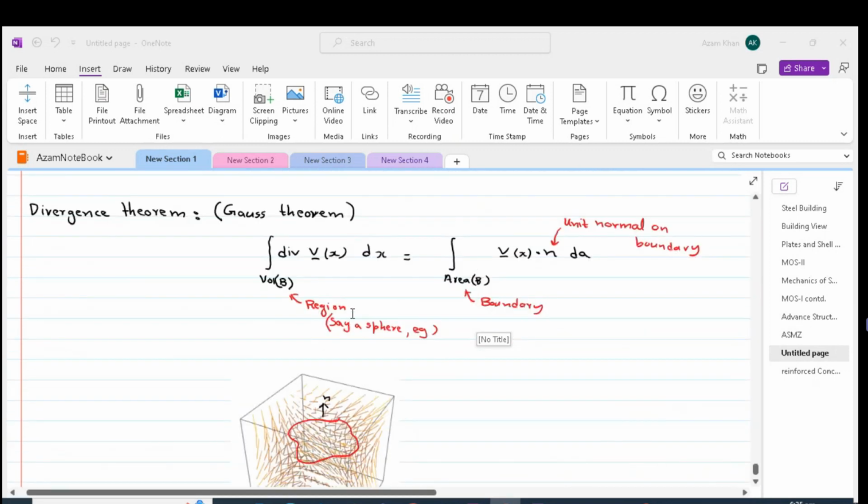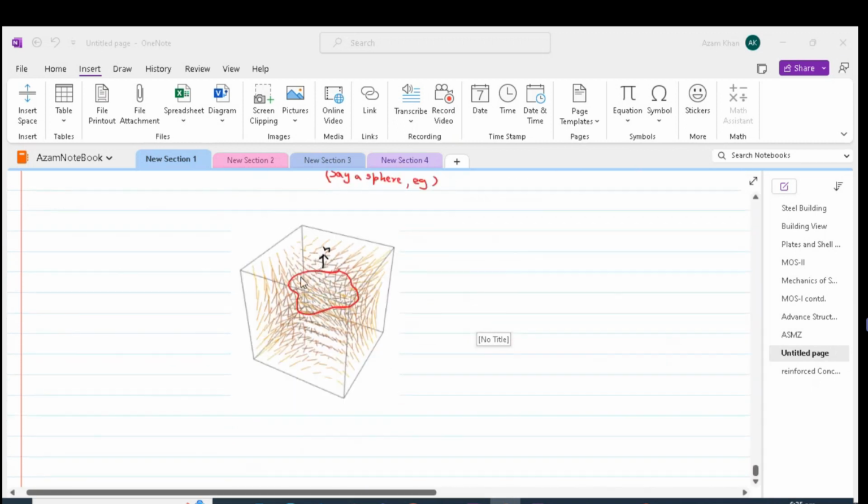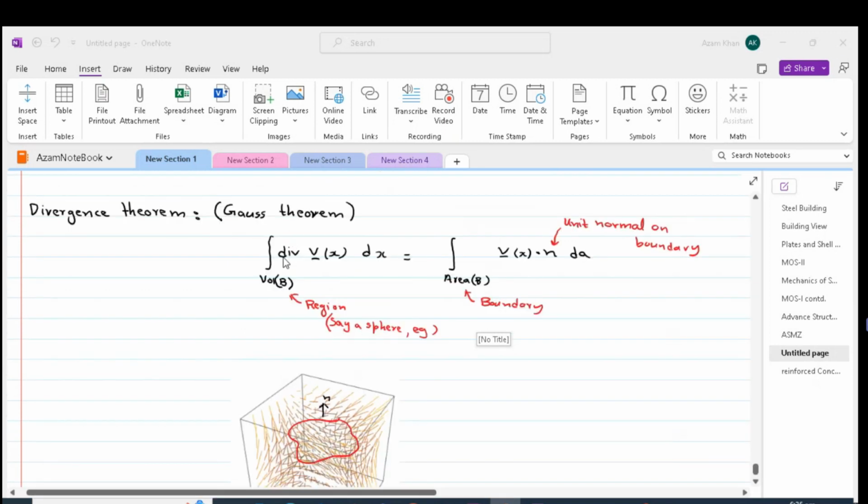Just to remind ourselves, the divergence theorem states that the divergence of a vector field integrated over a volume is equal to the scalar product of the vector field with the unit normal vector on the boundary, integrated over the surface area.